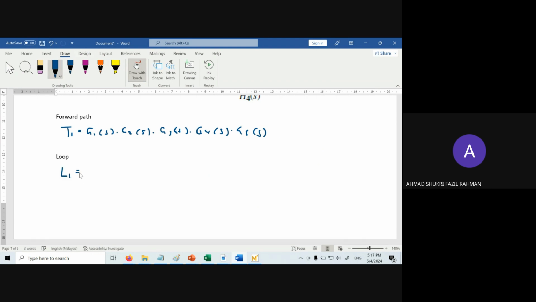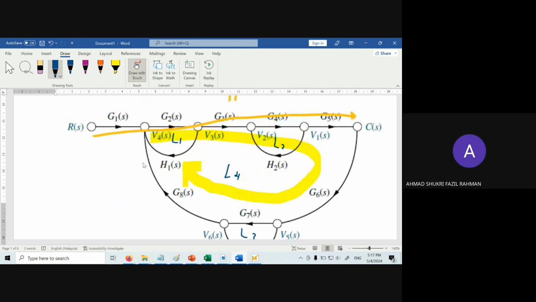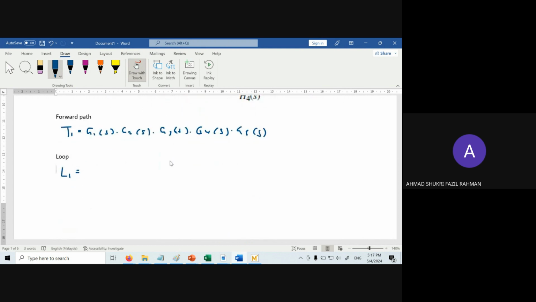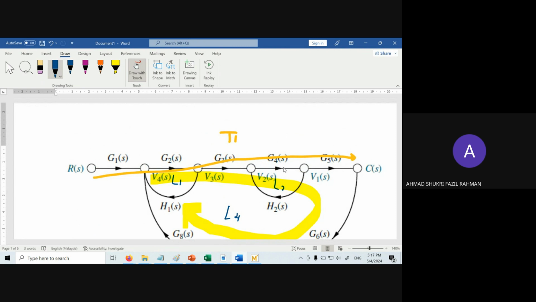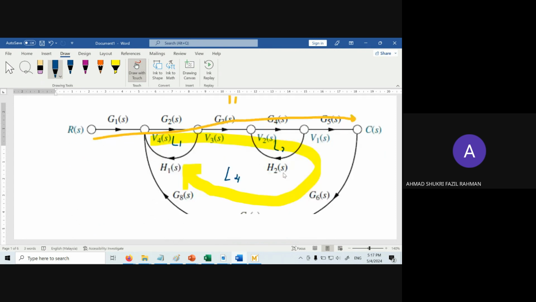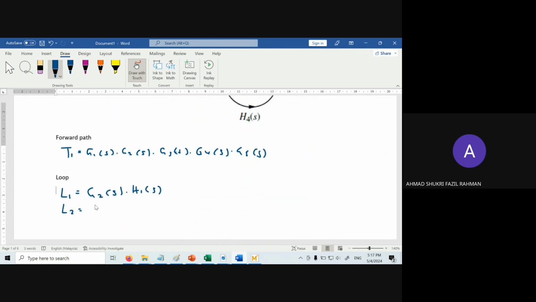Starting from L1, always follow the signal. L1 is equal to G2(s) multiplied by H1(s). And then L2 is here: G4 H2, so G4(s) multiplied by H2(s).